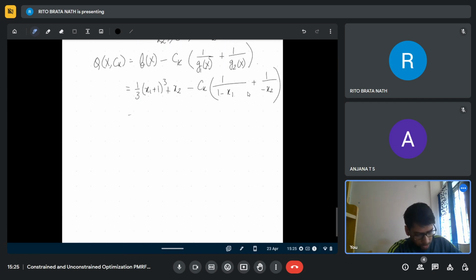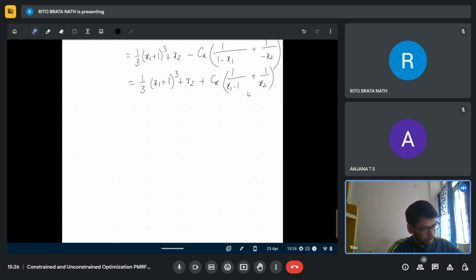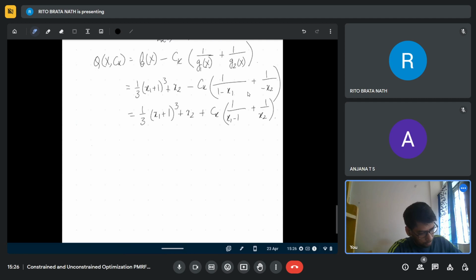So by taking a minus common, this can be plus ck times 1 by (x1 minus 1) plus 1 by x2. Okay, you can write it like this. Now you have to take the gradient of this function.